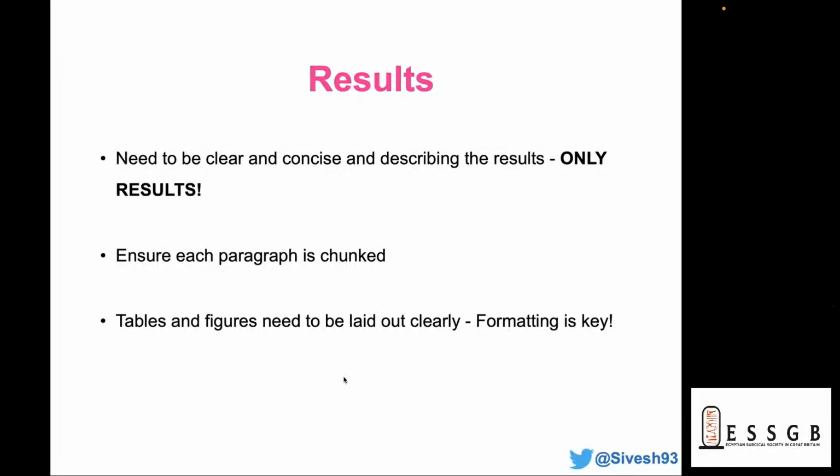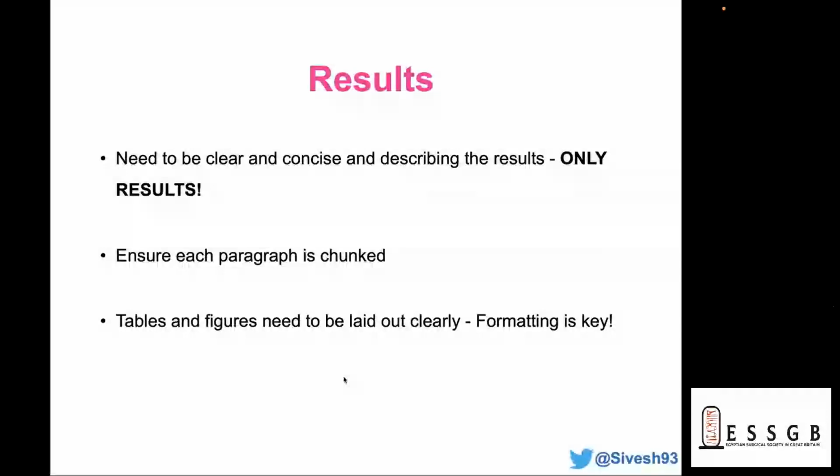And sometimes I quite like to signpost each paragraph. So for instance, if I'm doing a cohort study, I like to write a first paragraph on patient demographics, and I signpost it as patient demographics at the top, followed by a chunk of results. Then I might move on to describing risk factors associated with outcomes in a multivariable model. And then I signpost overall survival.